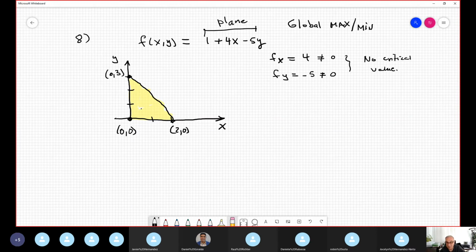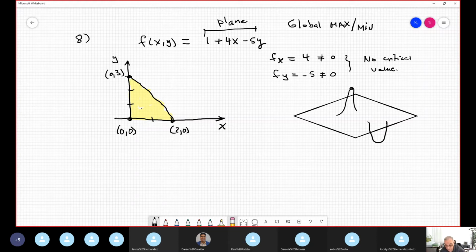I know that the plane is flat. If the plane is flat, we have no maximum or minimum, because the plane is flat. So we have no mountain and no valley. Makes sense, right?